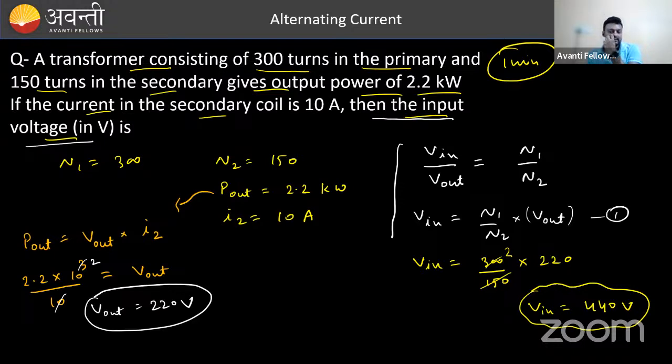Can you feel that? The input voltage was 440 volt and the output voltage was 220 volt. So you can imagine that this was the step down transformer. So that was 440 volt. Is it clear to everyone?